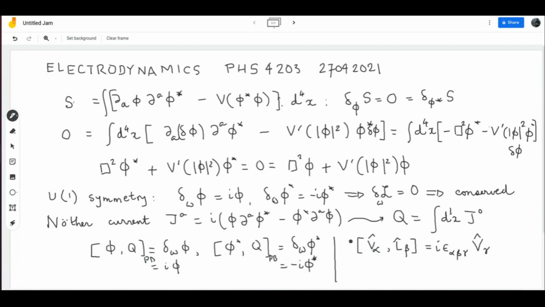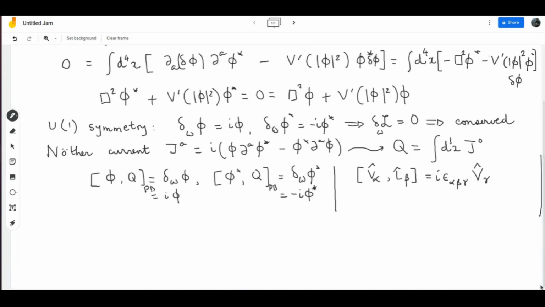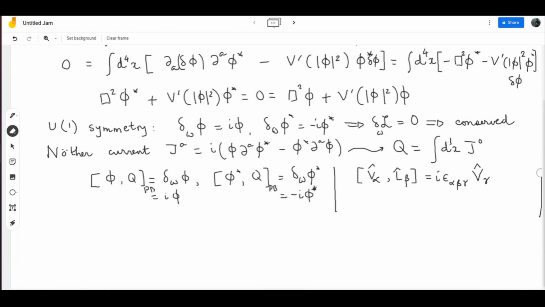So this was kind of a physical guess, that the generator of the U(1) symmetry is Q, and this generates the right kind of transformation, which tells us that we can then think of the field φ as carrying charge 1.